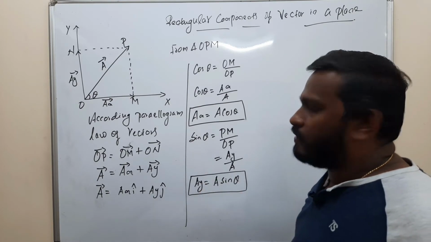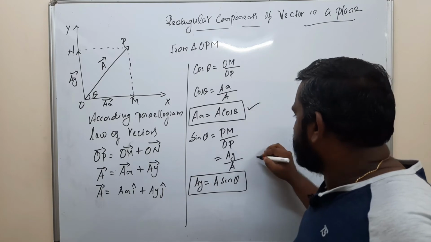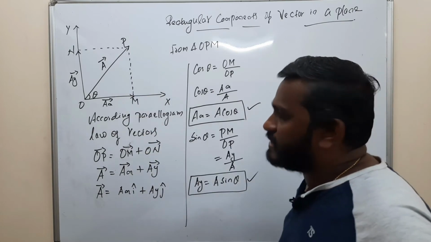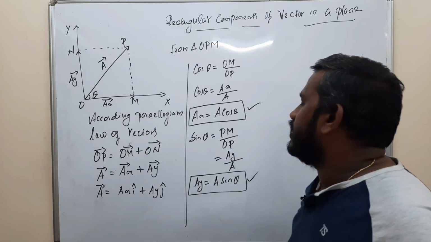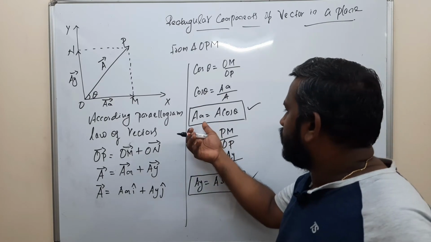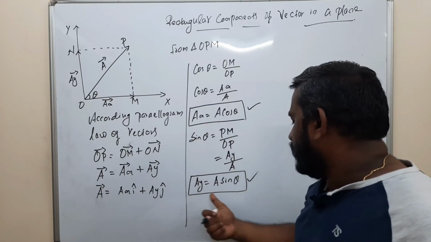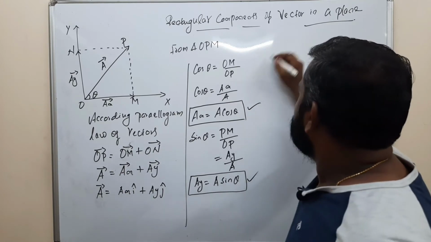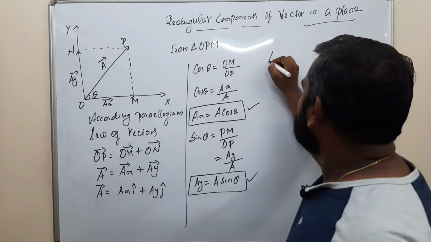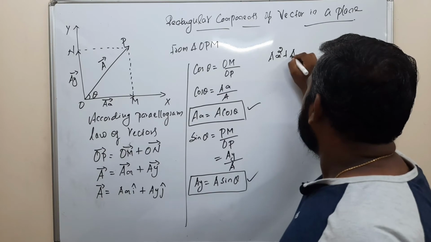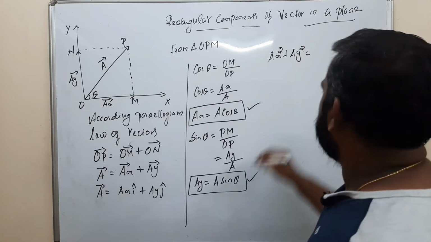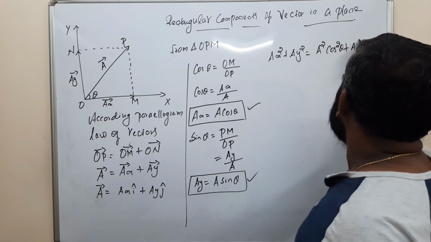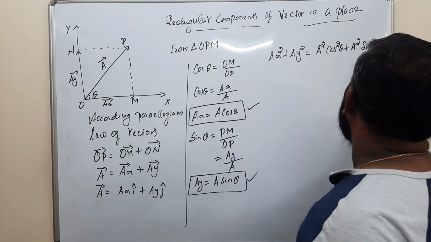So the magnitude of the horizontal component and vertical component is very important. That is Ax equal to A cos theta and Ay is equal to A sin theta, if a vector makes an angle theta with the x-axis. Now Ax square plus Ay square is equal to A square cos square theta plus A square sin square theta.